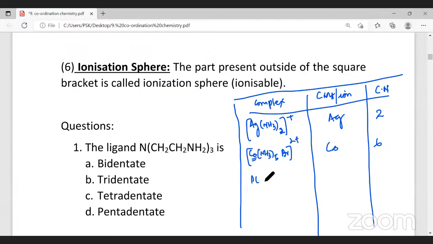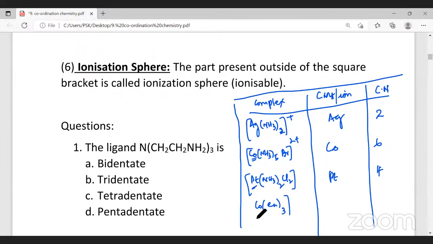Similarly, if I take [Pt(NH3)2Cl2], platinum is the central metal. This platinum is surrounded by 2 ammonia molecules and 2 chlorine atoms. Therefore, the coordination number is 4. Are you following, students? Yes, sir.